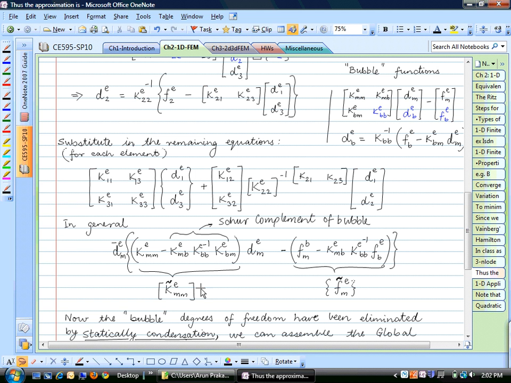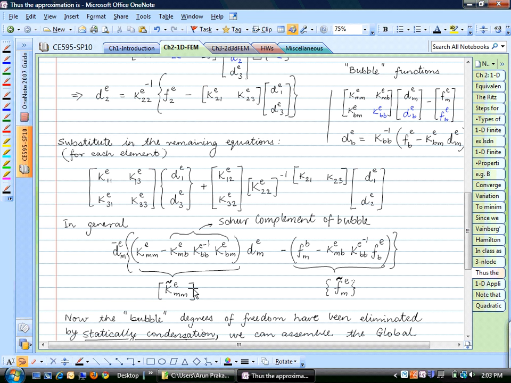All right, so let me ask you a question. If I have, let's say, one element, I started with a 2 node, now I added, let's say, 3 bubble shape functions in the middle. So there's a total of 5 nodes per element. Okay. So what would be the size of the element stiffness matrix without static condensation? 5 cross 5, right?